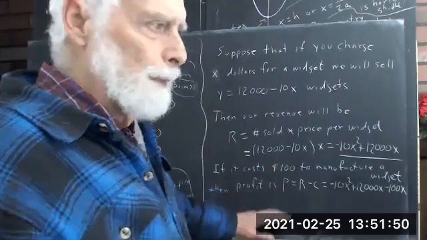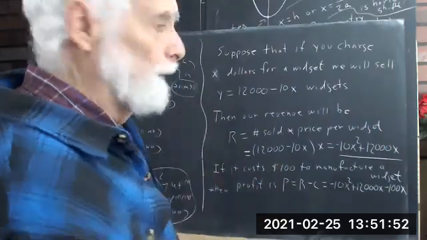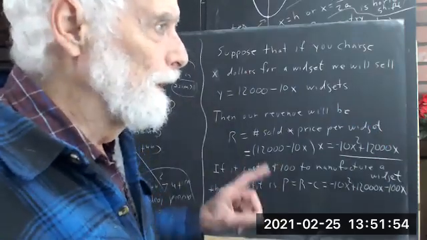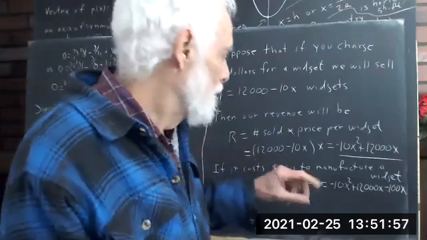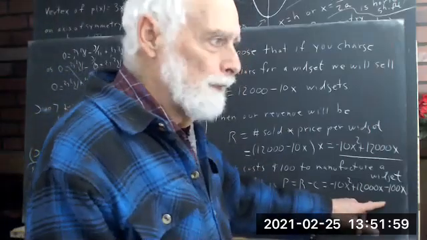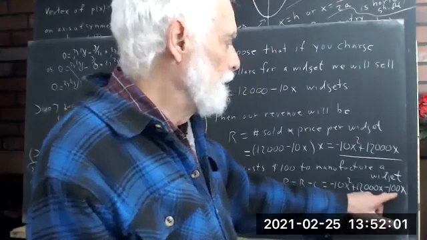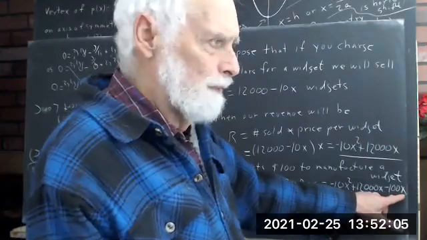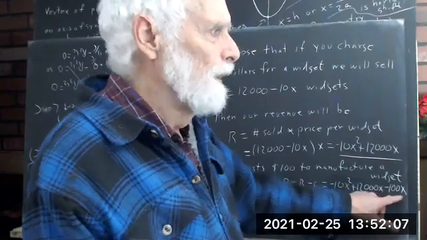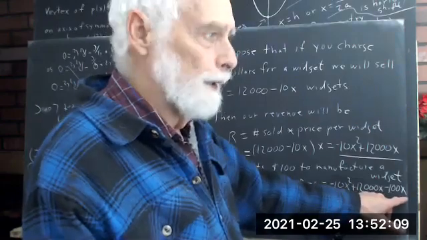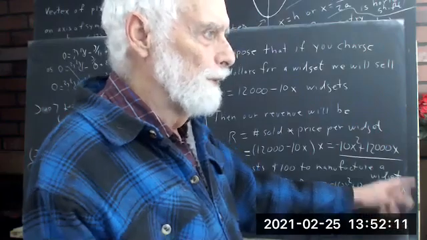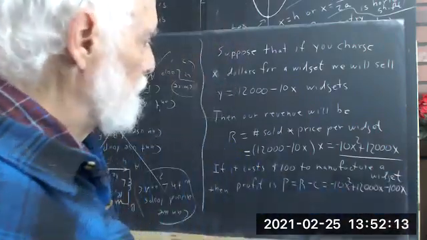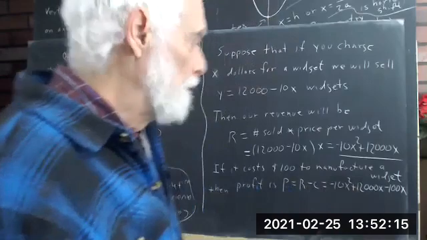I didn't write this step because I'm running out of room and don't have a good place to write anymore. So we're almost done. But there's our profit function, and we have to subtract $100 for every widget that we sell, which means that our cost is going to be 100x, 100 times the number of widgets. Okay, well, that's a quadratic function.